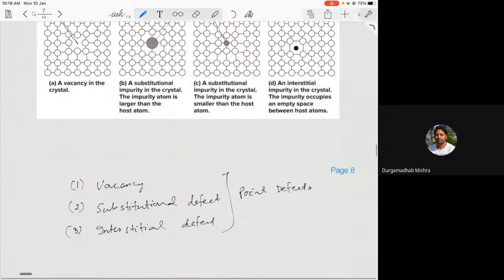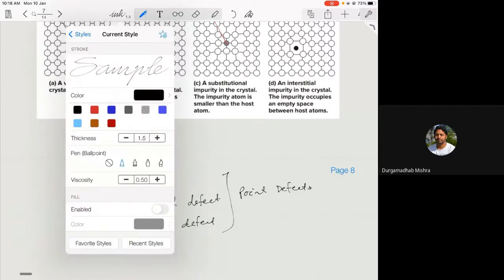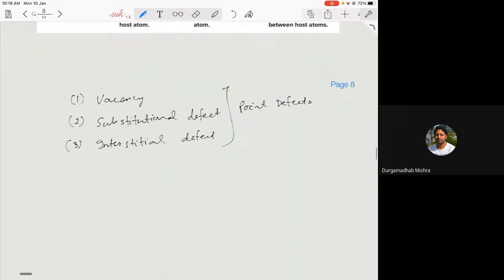For the substitutional defect, let's take a couple of examples. Take a silicon crystal and put in boron, or let's say arsenic. Those are substitutional defects. And what is the interstitial defect?